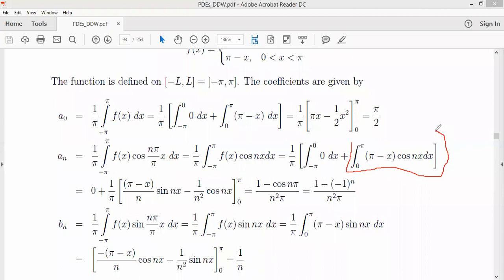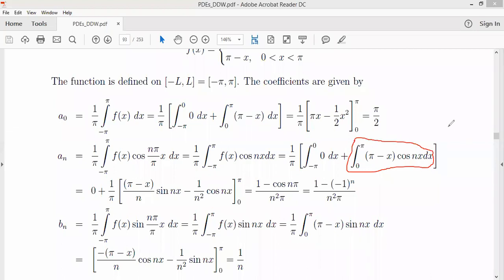Is that okay? This is where the actual work is. So how do you integrate? Actually, I'm circling it poorly because the bracket should not be part. It is this integral that we have to look at, right here.